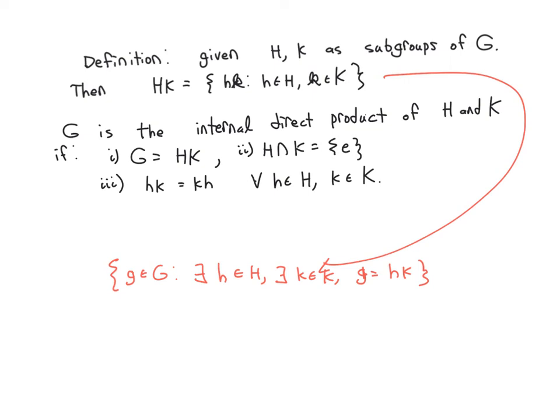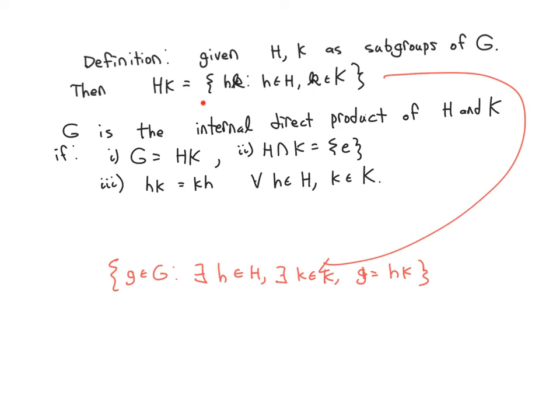For instance, if you're talking about integers, let's ignore group theory. You could be talking about factoring integers into even numbers times multiples of 3 or something like that. Then this would be the type of set. That would be the multiples of 6 if I remember correctly. So that's what kind of set we're dealing with here.